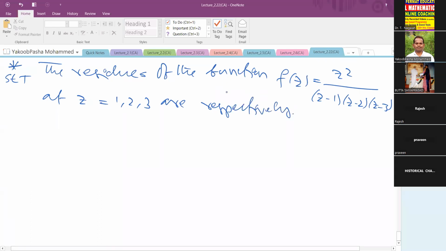Individually at z equal to 1, z equal to 2, z equal to 3, find them out.